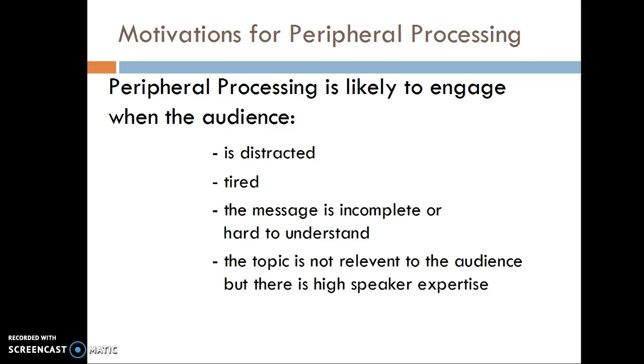We're much more likely to process things without thinking about them if we're distracted, tired, if the message is incomplete, or if it's hard to understand, if the topic is actually not relevant to us, but the speaker has a high level of expertise, then we may be persuaded, but through the peripheral route without considering the logic behind the argument.